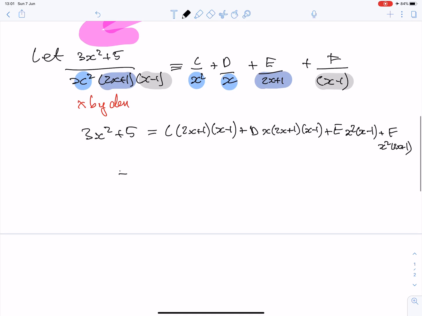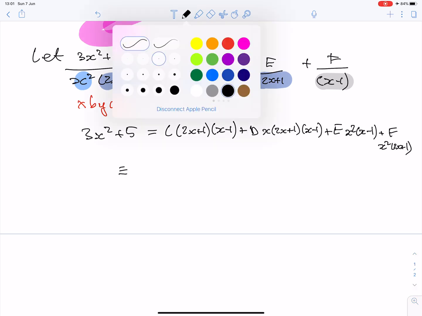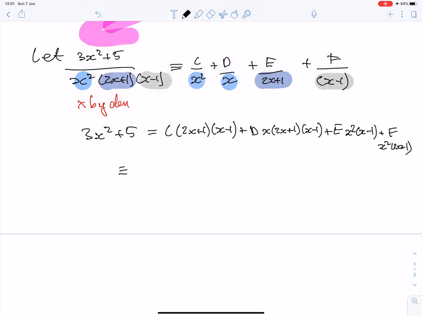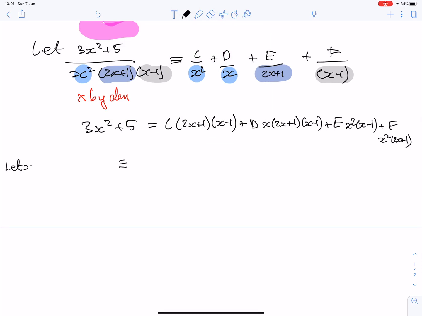Okay. So, what are we going to do to solve this? Well, we've got our usual tricks. The first thing is to pick a few values that are going to make this easy. So I would suggest the first thing to do is to let x equal 0. So if we let x equals 0, on the left-hand side here, we're going to get 5.